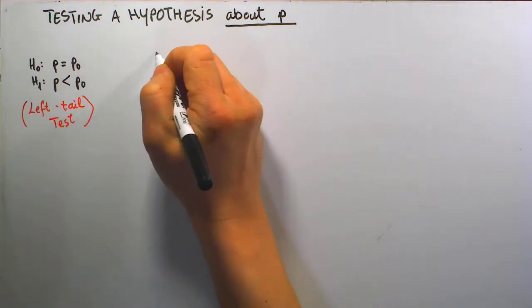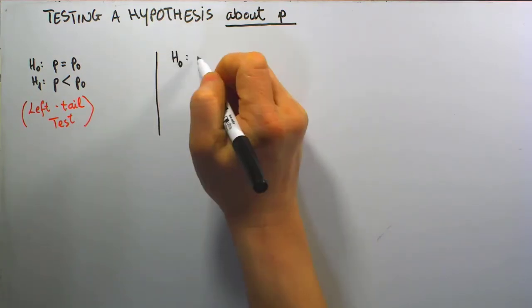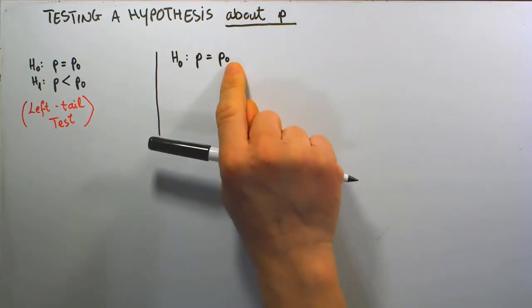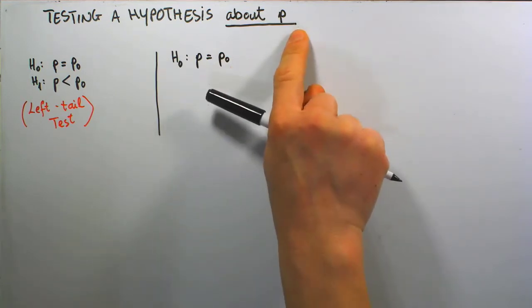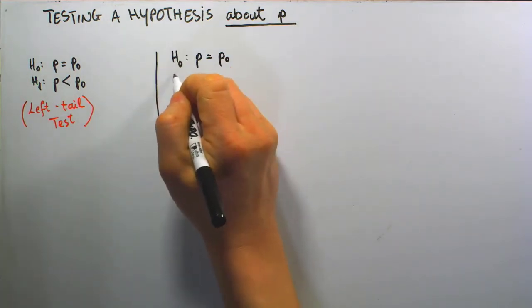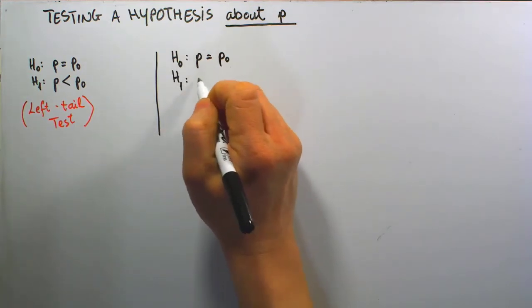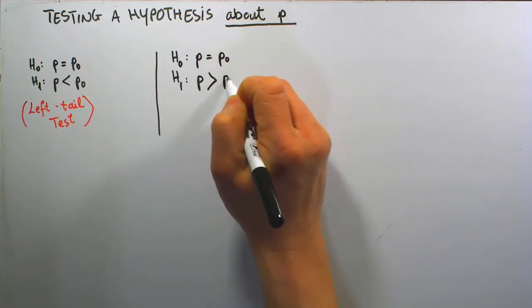As another case, our null hypothesis reads P equals P sub 0, some value being stated for the population proportion. Then in this case, the alternative hypothesis can read P is greater than P sub 0.